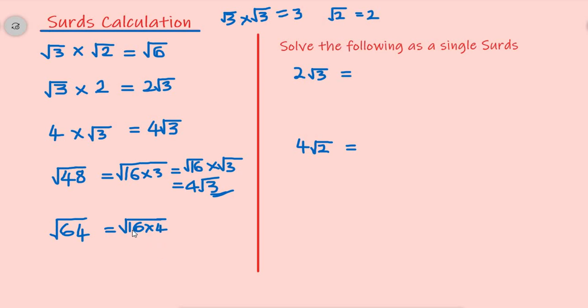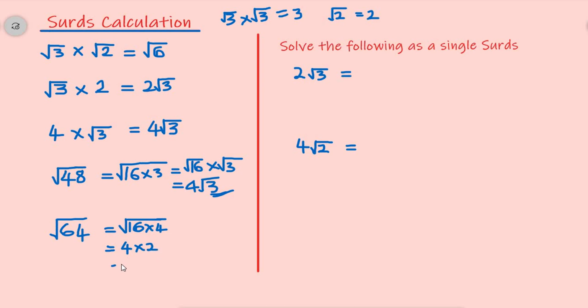So the square root of 16 is 4, times the square root of 4, which is 2.